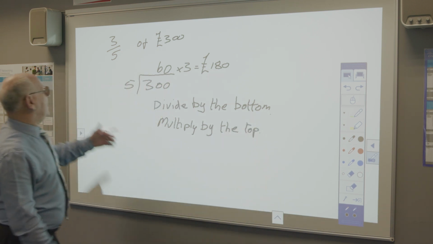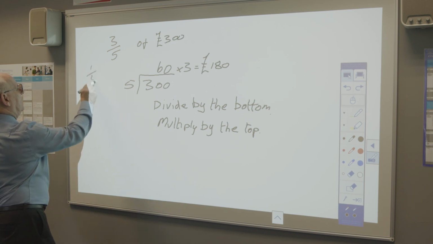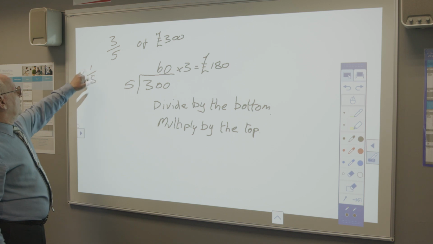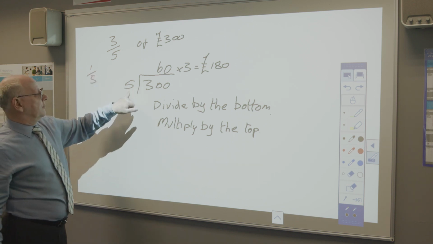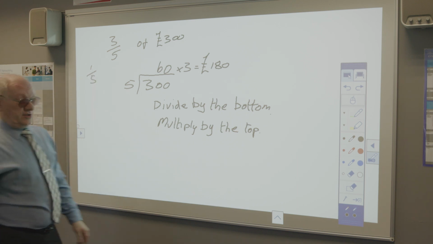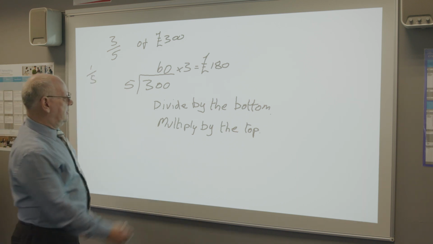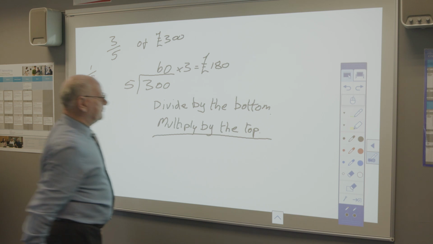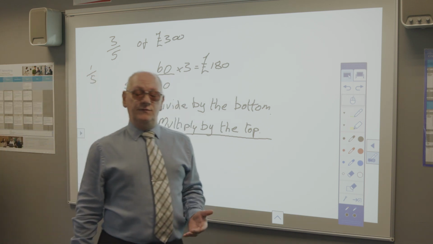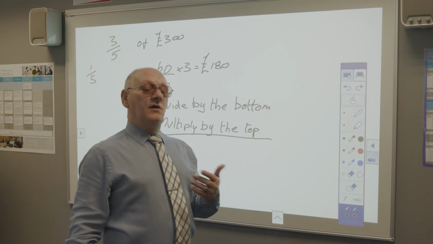And you can practice that even with 1/5. You divide by the bottom and you multiply by the top. So dividing by the bottom gives you 60. You want 1, so 1 times 60 is 60 anyway. So it still works. Divide by the bottom, multiply by the top, that will give you any fraction part of any value.